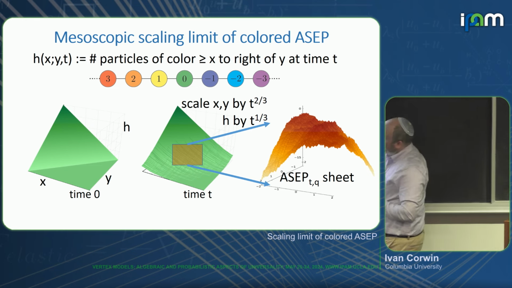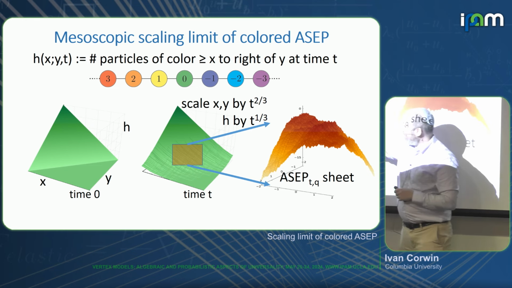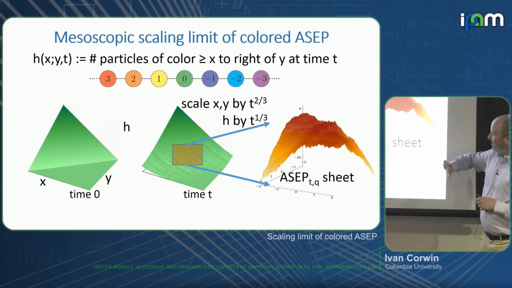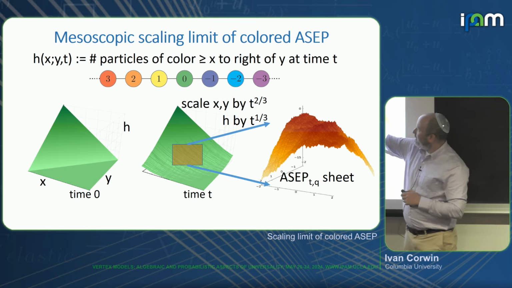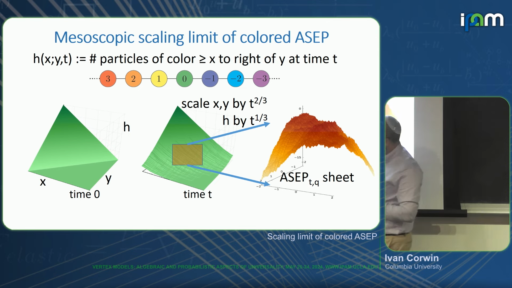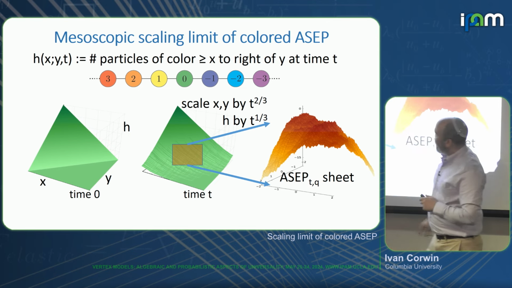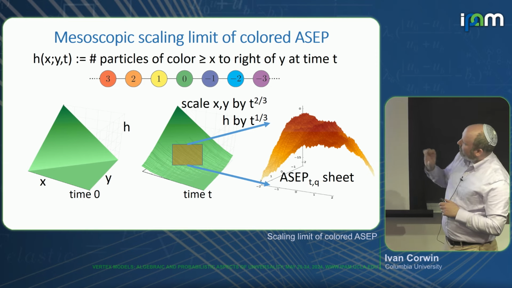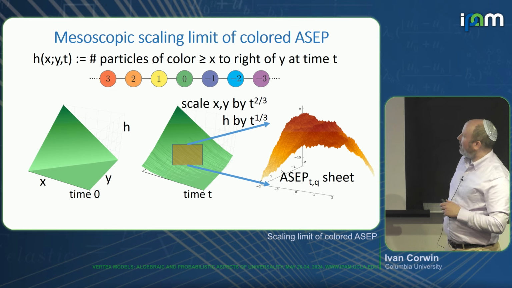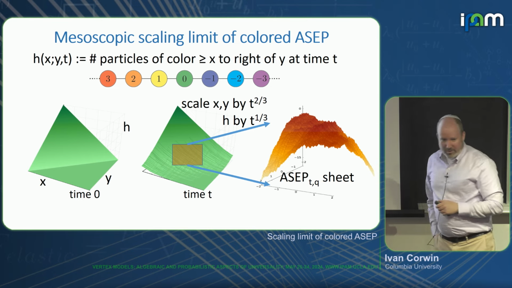There's some curvature associated with this parabolic shape, and that's what's being represented after putting in a minus sign. This is really showing the fluctuation field around the hydrodynamic limit as you're varying your color parameter x and your location parameter y in a t to the 2/3 window.